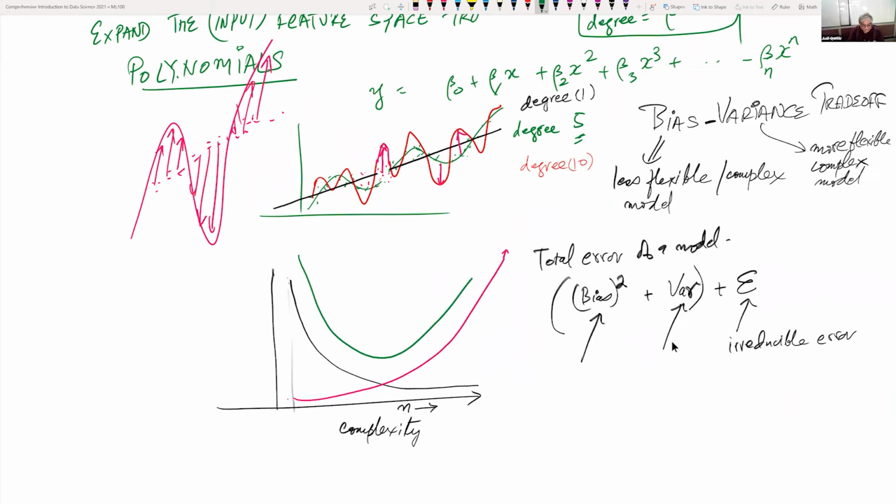If you keep going, degree 1, degree 2, degree 3, and this was degree 5, and somewhere in here is degree 10. What happens when you reach 5, you notice that your total error is decreasing. But once you start going to 6, 7, 8, what happens to your total error? It starts shooting up, right?